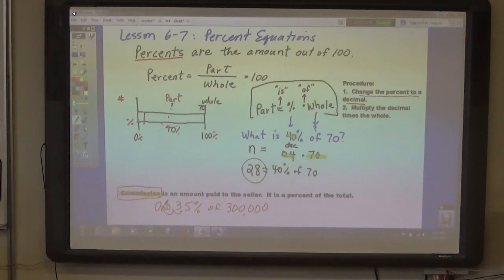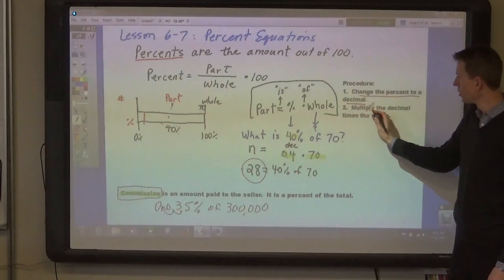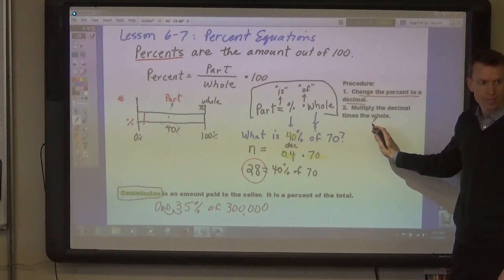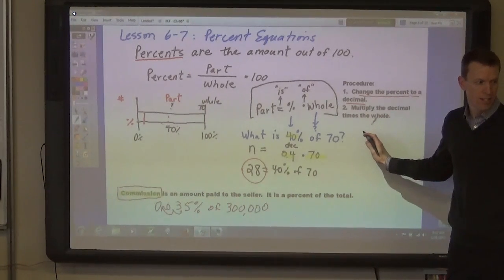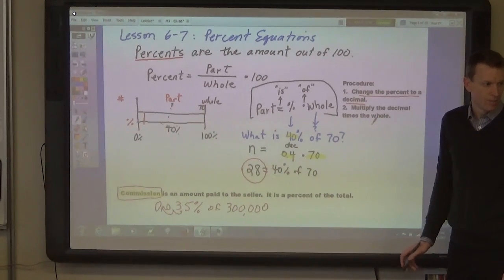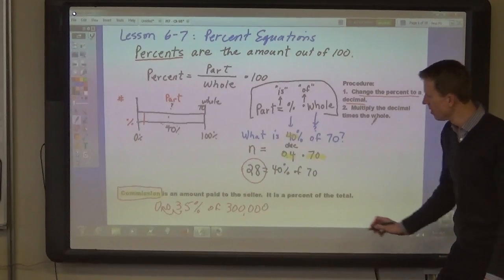Okay, Jeremiah, the decimal. Good. In step 2 it says multiply that number times the whole. What is the whole? 300,000. What is the commission then, Abby? 105,000.